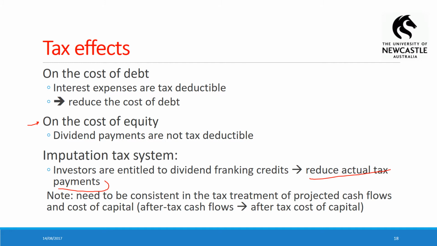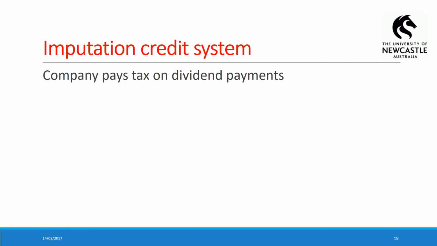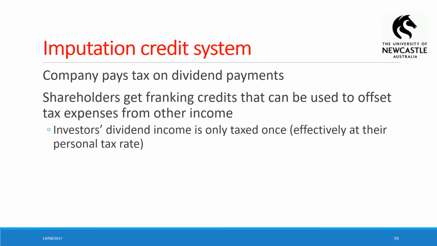Okay. So how does the imputation tax system affect the taxes of a firm? With the imputation tax system, the company first pays tax on dividend payments. However, the shareholders get back the franking credits from the companies, and they can use that to offset their other tax expenses.